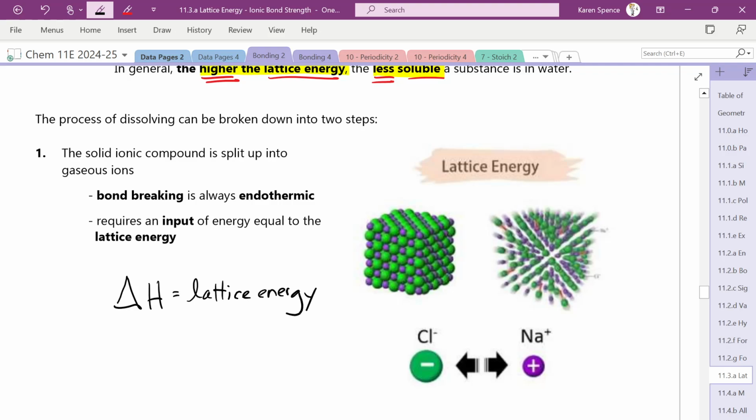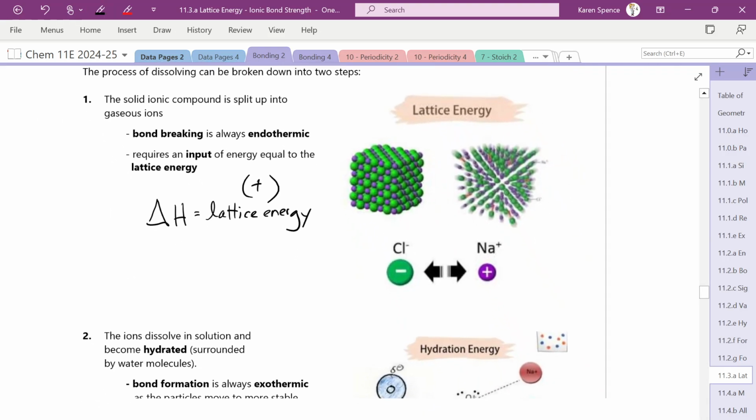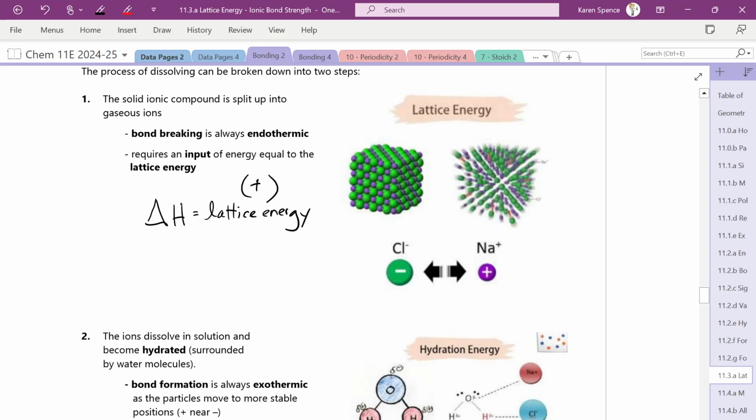And because we're breaking it apart, it would be positive or negative? Bond breaking, delta H would be positive. Thank you.